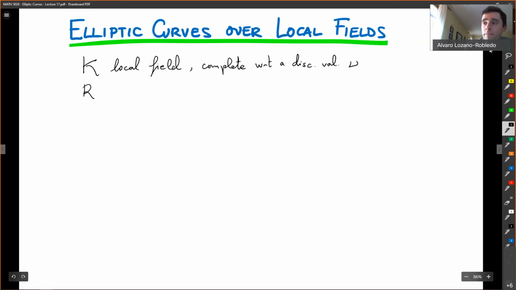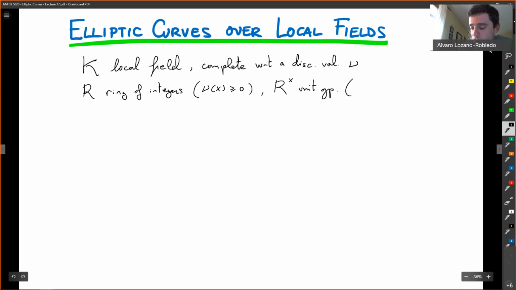We have R, the ring of integers. So the ring of integers are elements with positive or zero valuation. We have R cross. This is the unit group. The unit group are those elements with valuation exactly 0.